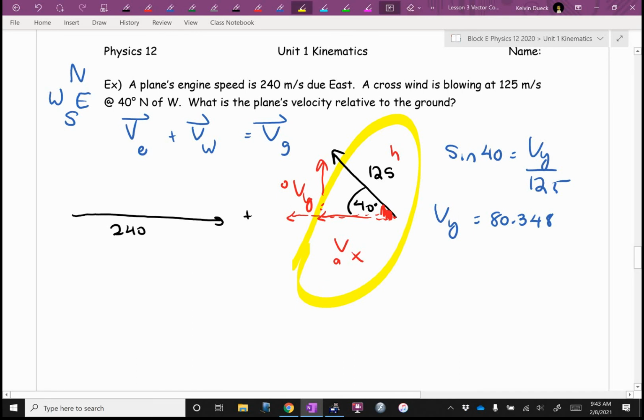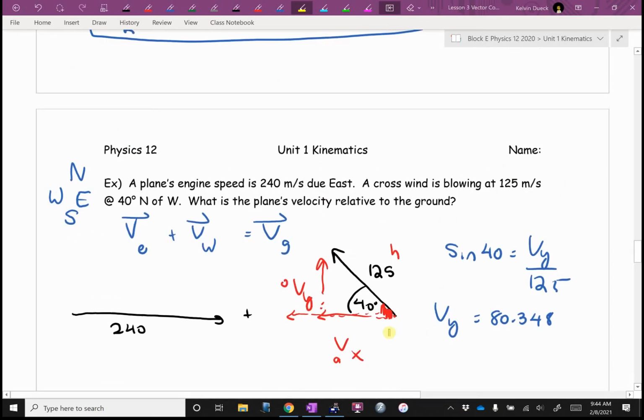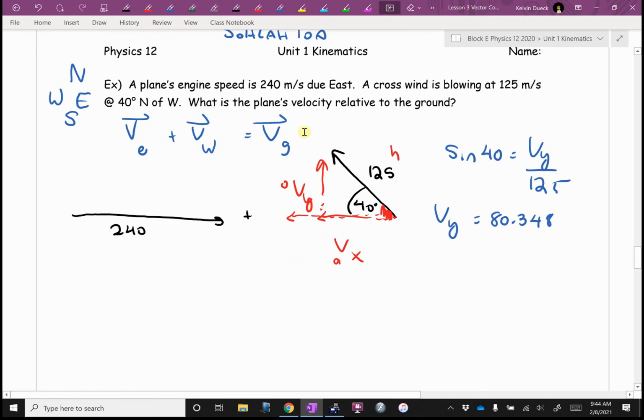A and H? Now, have you turned the page? Did you write SOHCAHTOA at the top? Let me pause for a second. So maybe at the top we should have quickly gone SOHCAHTOA. Which trig function? A and H? Of course it is.